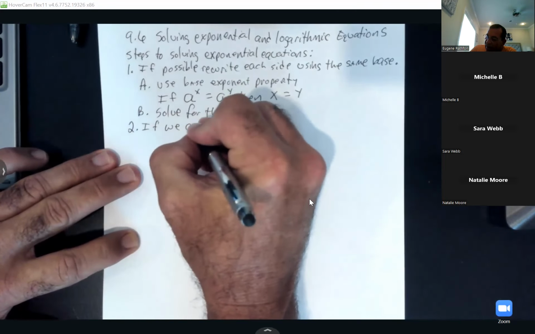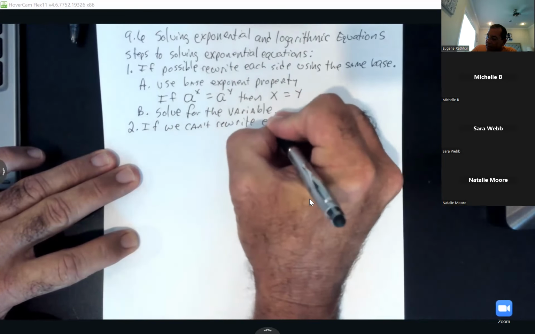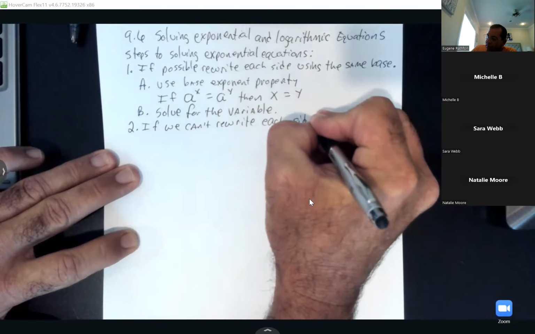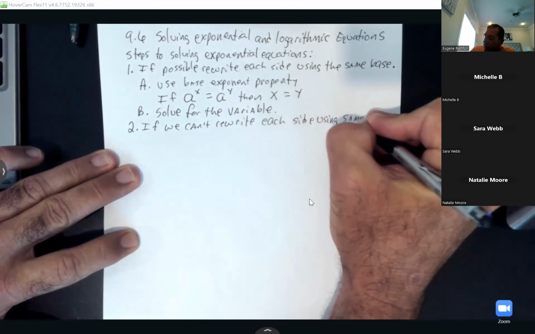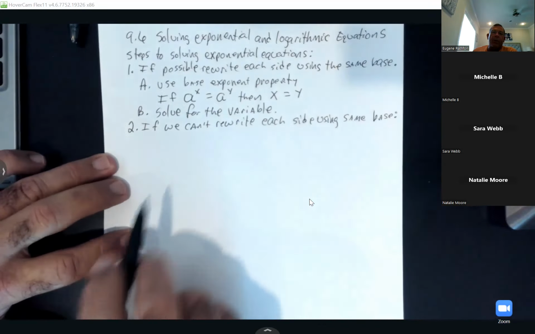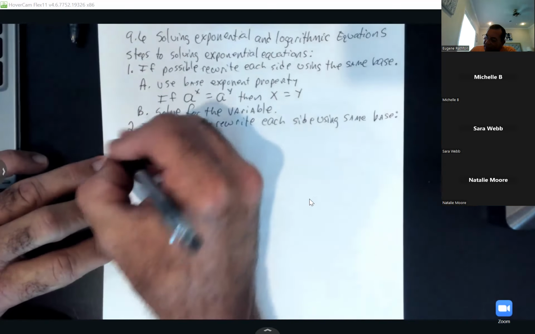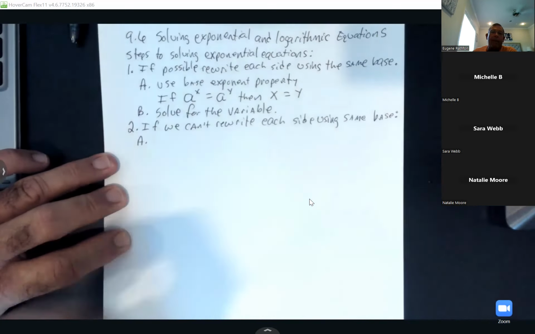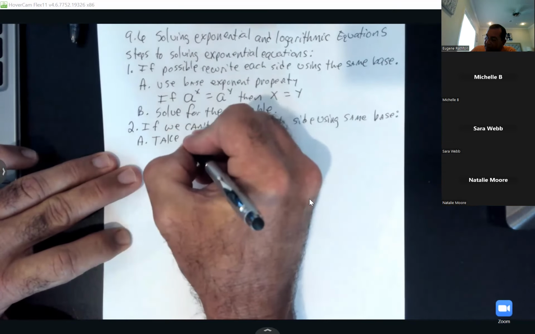If we can't rewrite each side using the same base, so if I cannot rewrite each side using the base, then the first thing I'm going to do is take a log of both sides.